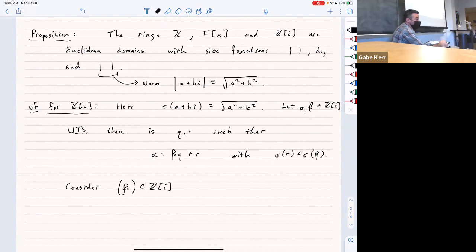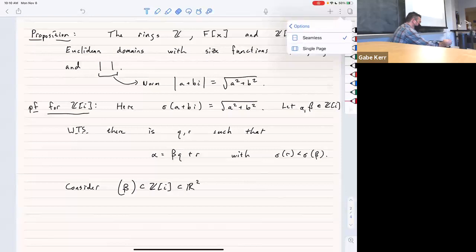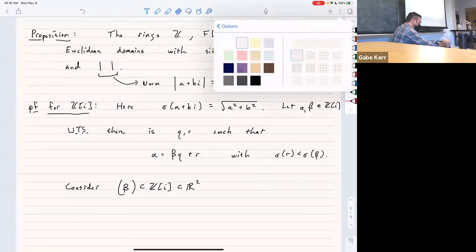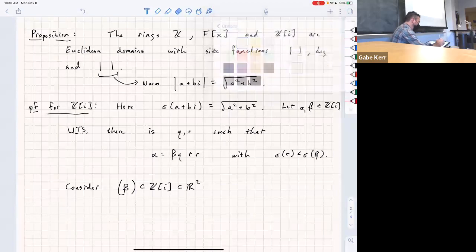This is a subset of C, which is a subset of R squared, the plane. Here's the complex plane, and we need a zero.